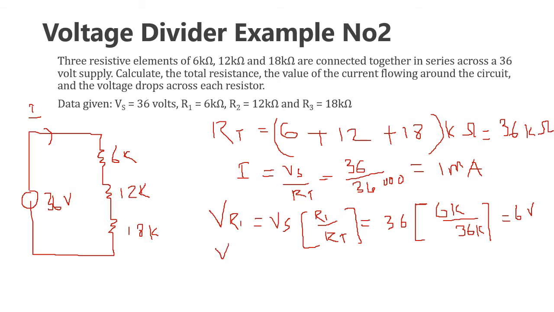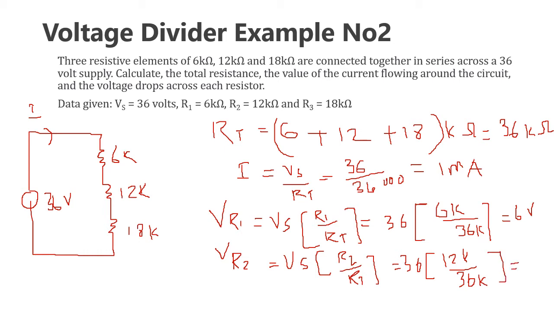Likewise, we can find VR2 also. VR2 will be equal to Vs times R2 over RT. So here 36 times, for R2 we can write 12K, over, for RT, 36K.